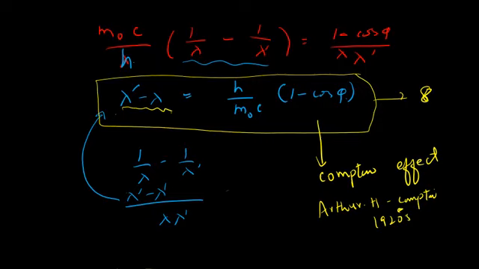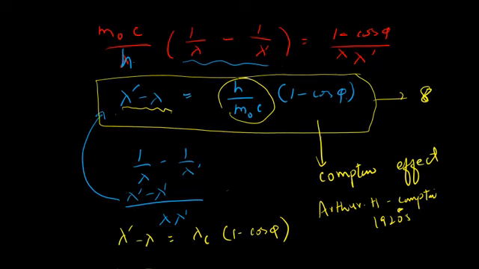We can write this quantity as lambda prime minus lambda is equal to lambda c into 1 minus cos of phi. This is called the Compton shift in wavelength.